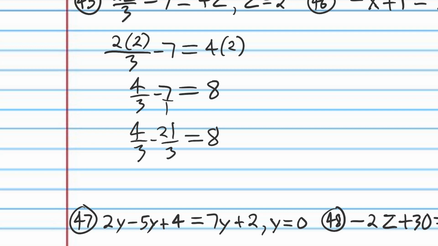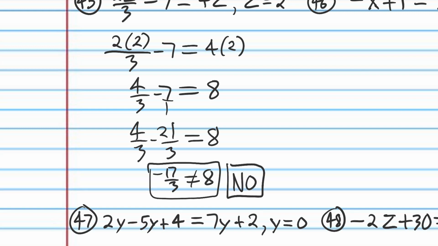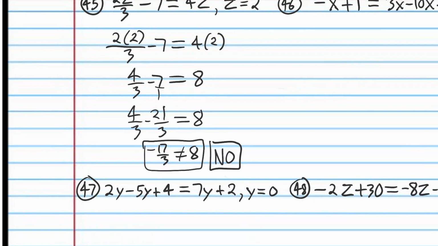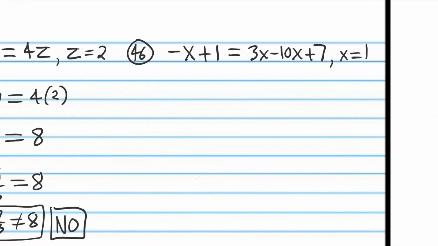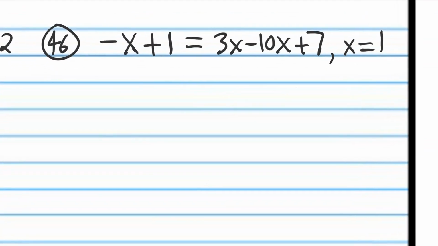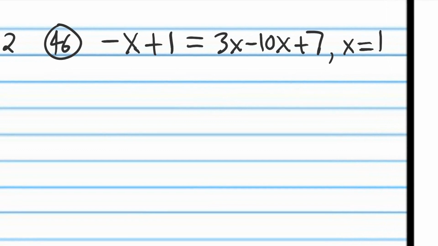So 4 minus 21 is -17. And you can see that's not even close. So the answer is no. It is not a solution. Try 46, and when you come back, we'll do it together. All right, we're back.